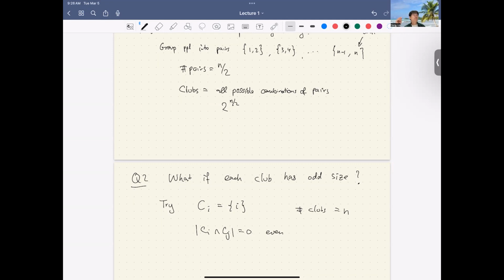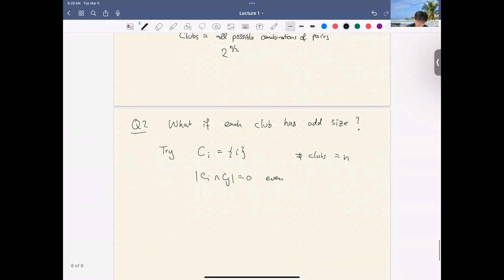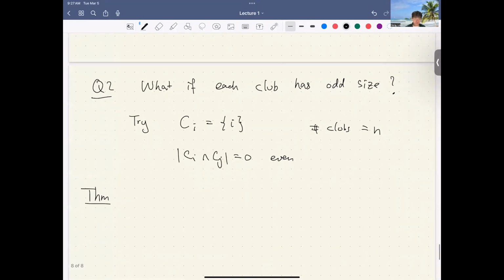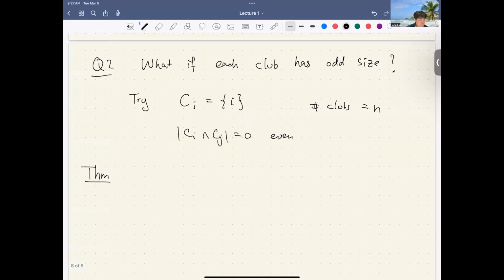And we're going to give a proof of this using linear algebra. So this is the theorem. Let me state it completely in math terms.